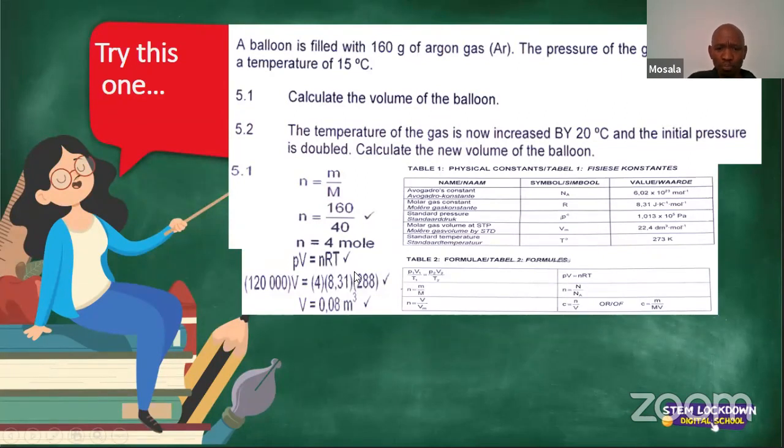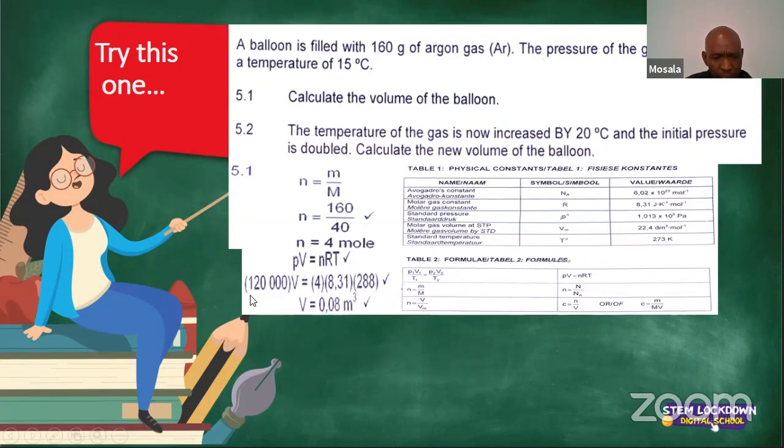The temperature T in the Kelvin scale is 288. So where does the 288 come from? It is coming from 15 plus 273, which gives you 288. Remember, when you are given temperature in degrees Celsius, you have to convert that to the Kelvin scale. So 15 degrees Celsius is 288 Kelvin.